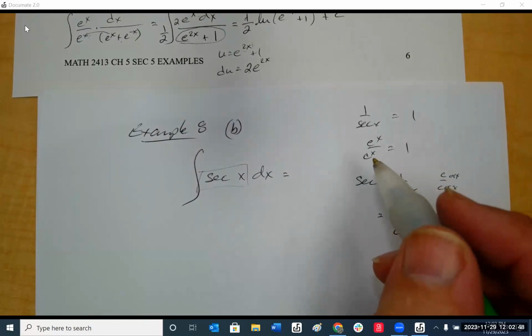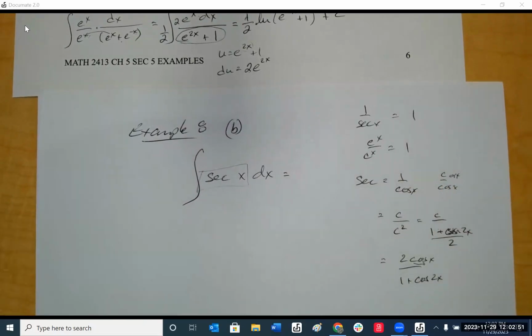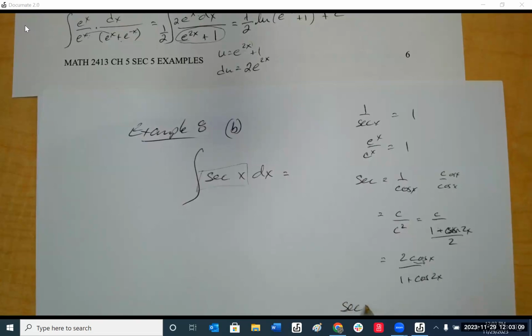So this one would stump me. Now the sheet says multiply by secant plus tangent. Why secant plus tangent? Hmm.